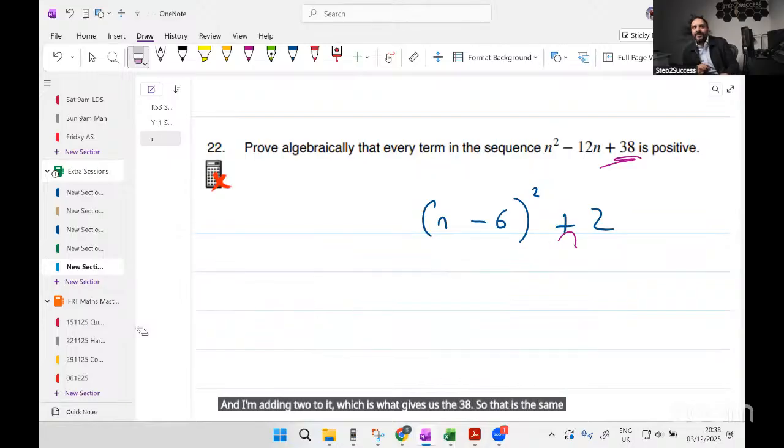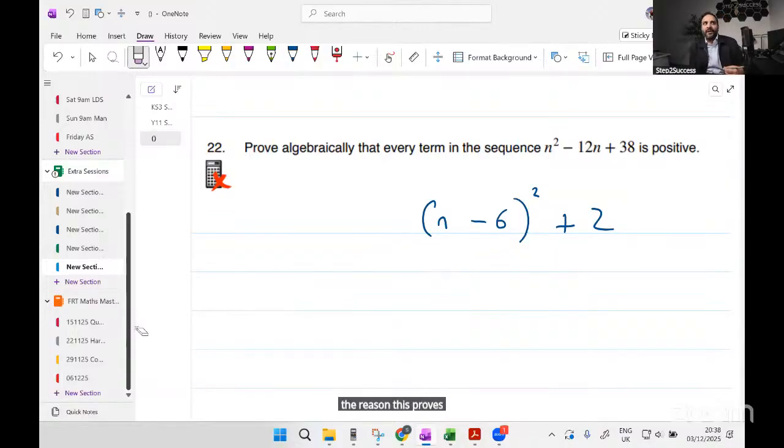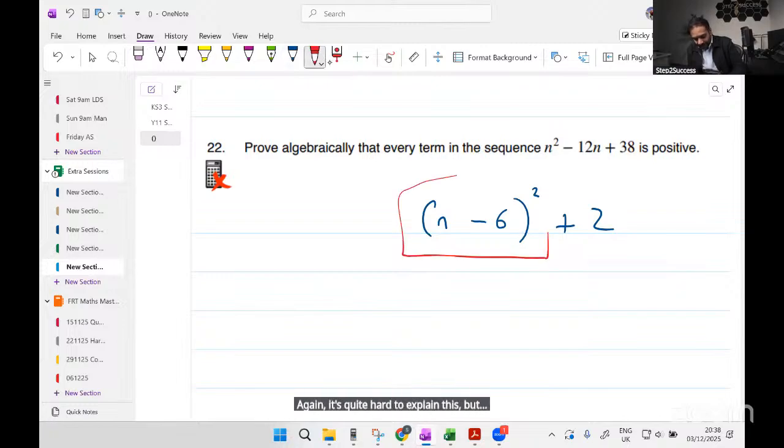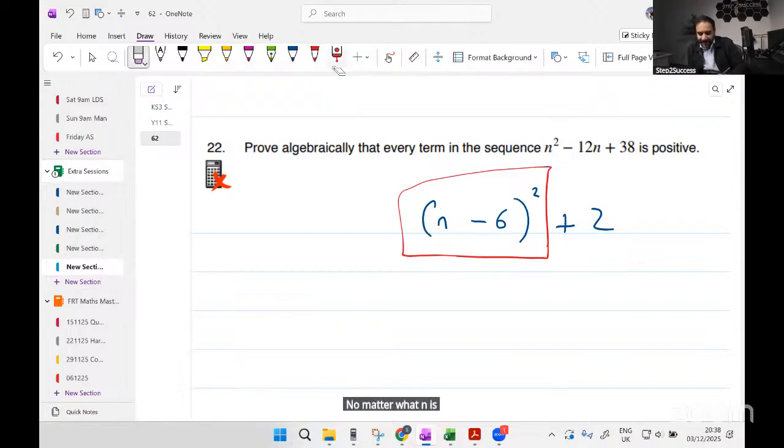Anyway, in answer to this question, just very quickly, the reason this proves that this is always positive, again, it's quite hard to explain this, but if I have a number here and I square it, no matter what n is, n could be minus a million, but when I do minus a million, minus 6, and then square it, I am going to get a positive number.